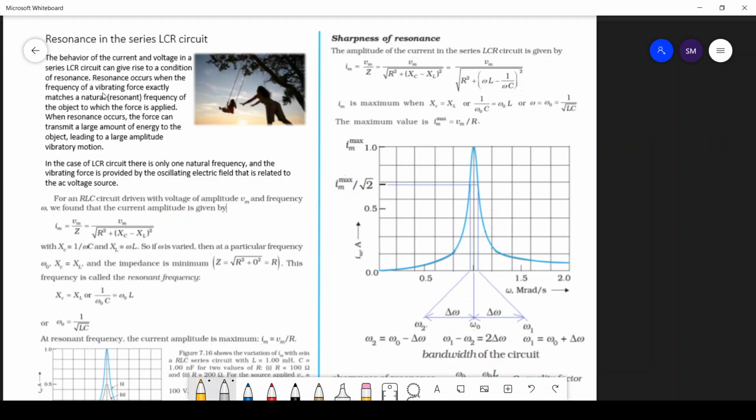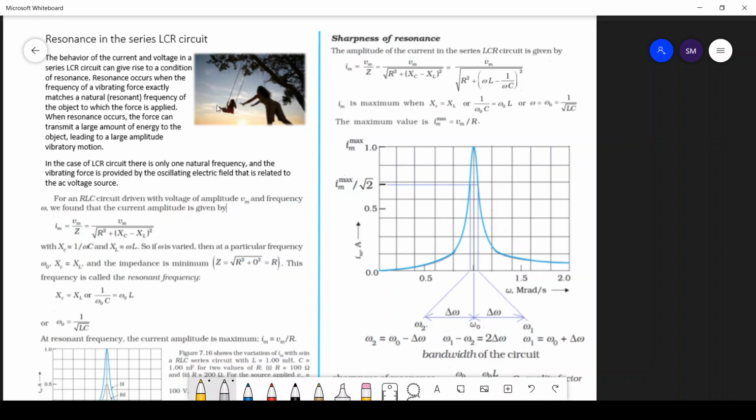So it means the frequency of this vibrating force, you can assume this woman is also moving to and fro, and it matches the frequency of this swing.